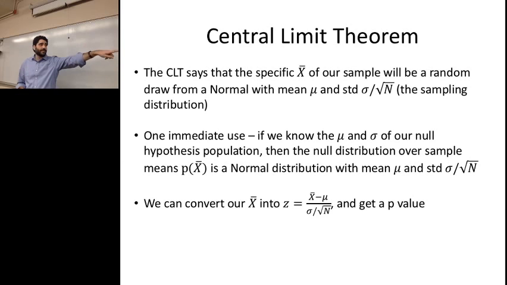At most they're going to be 1 or 2 standard errors away, where the standard error is this sigma over square root of n piece. And so if our x bar is more than 2 standard errors away from the mean, then it was pretty unlikely to have come from that null distribution, and we would reject the null hypothesis as a plausible explanation for our data.